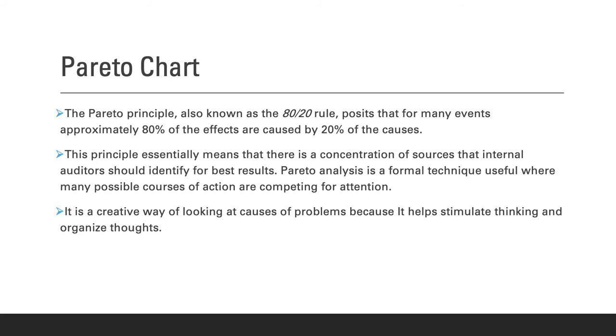Now we go to the third audit tool, what we call the Pareto chart. So I think you're very familiar with the Pareto chart or the 80-20 rule. So yun yung Pareto principle. So in here, it says here that many events, approximately 80% of the effects are caused by the 20% of the causes.